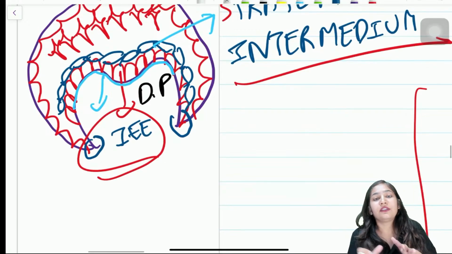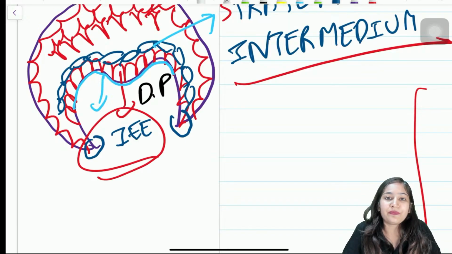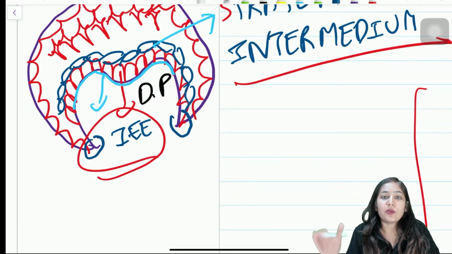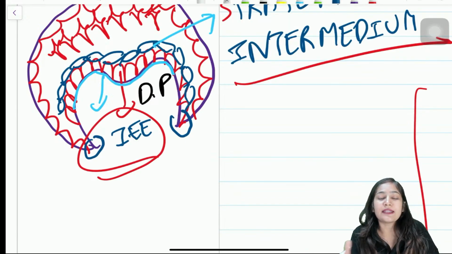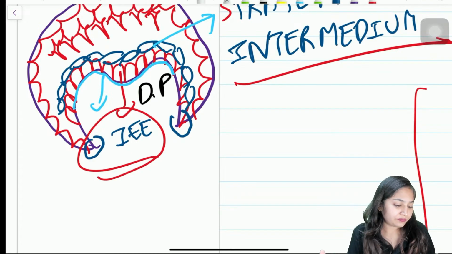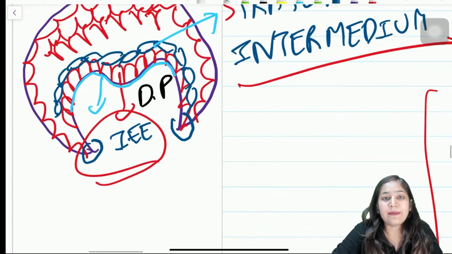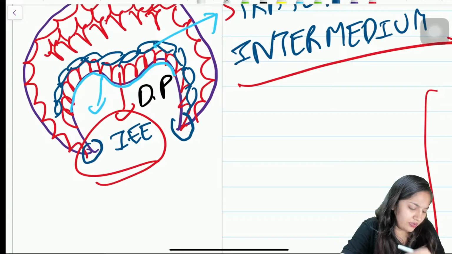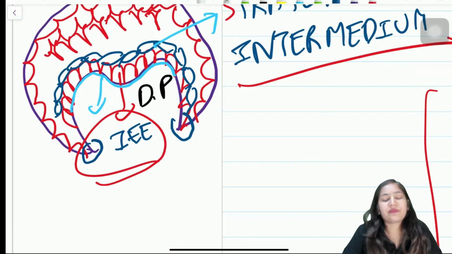Just as you are studying different subjects for your NEET entrance exam, right? Stage by stage, one by one, one more subject is adding to your list. Same way, one more layer is adding to the enamel organ, right?